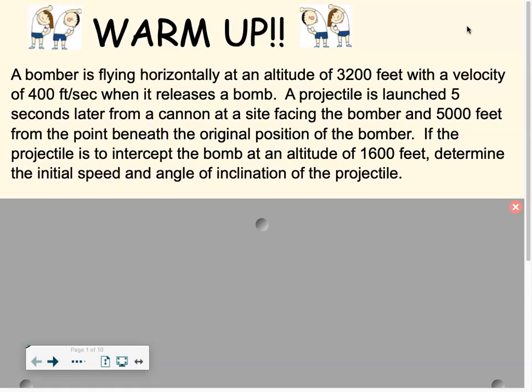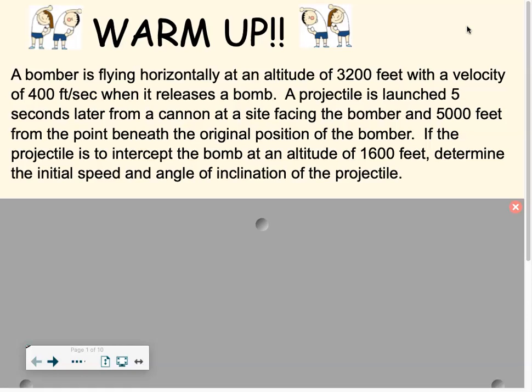Okay. So now over here. If this is our initial point, and this is where I wanted to make sure you understood this, this distance right here is 3,200. So if this is the initial point that is below the bomber, then a distance of 5,000 feet away, we have a cannon.